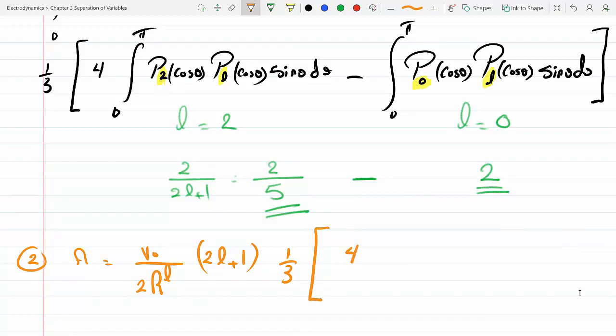Now when L equals 2 and the rest are 0, I could represent this as delta L2. This is the delta function. That's saying it's 0 everywhere except when L equals 2. I have a term, minus the second term, this would be delta L0.